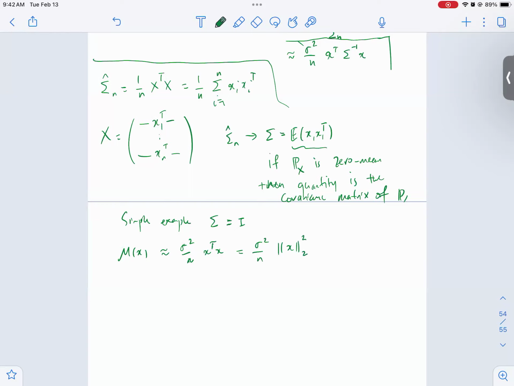For example, if x is in [-1, 1]^d, so each coordinate of x is between -1 and 1, then we can upper bound this.